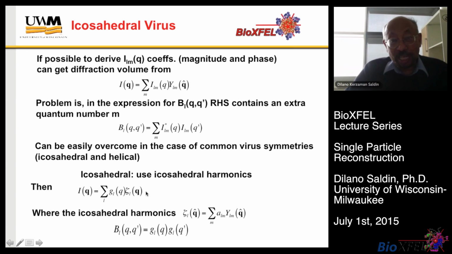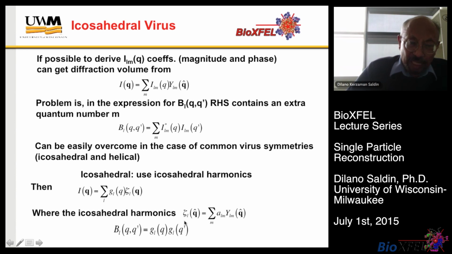But if we use what are called icosahedral harmonics, which means the intensity distribution on the three-dimensional diffraction volume is a sum of icosahedral harmonics, then it has icosahedral symmetry, because each of these icosahedral harmonics has icosahedral symmetry.